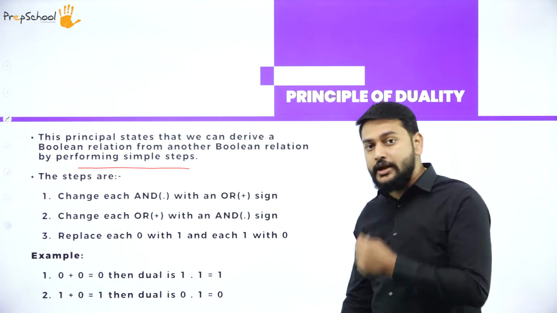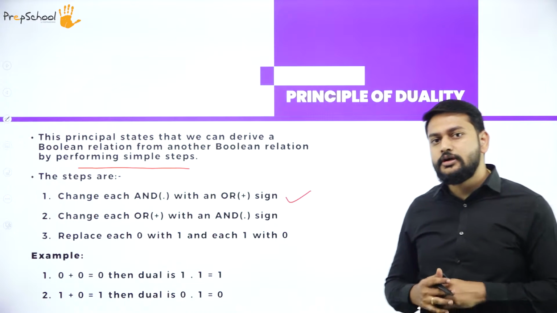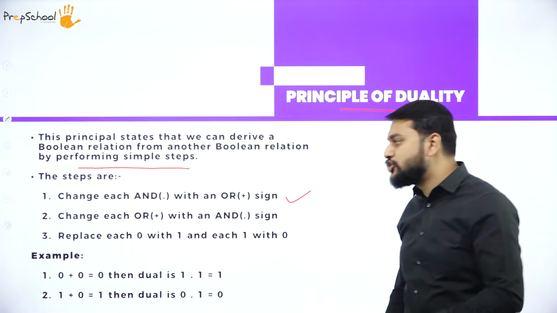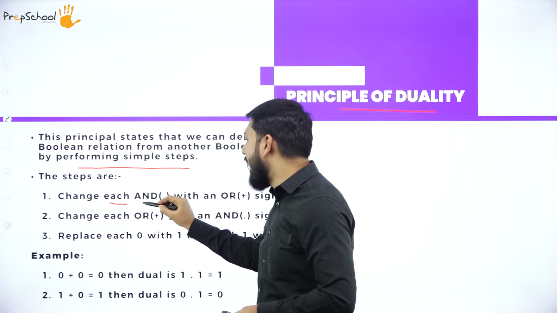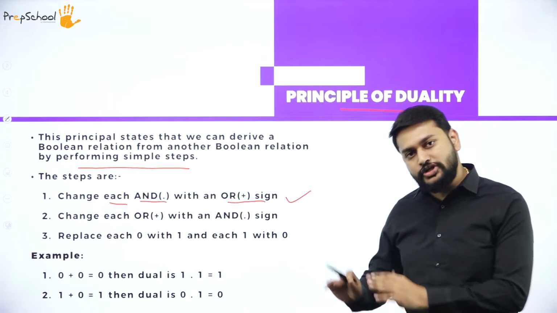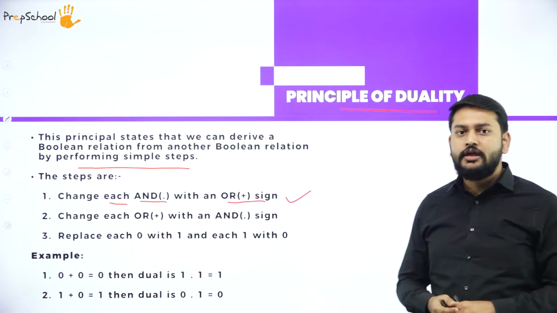So what are those steps? The first step, according to the principles of duality: change each AND with OR sign. If I have AND, change that AND sign to OR sign. That is the first step. What is the second step?